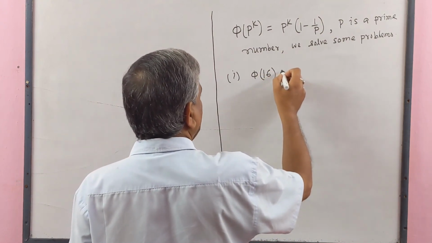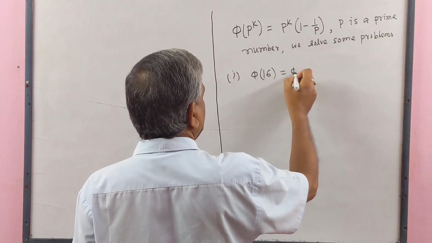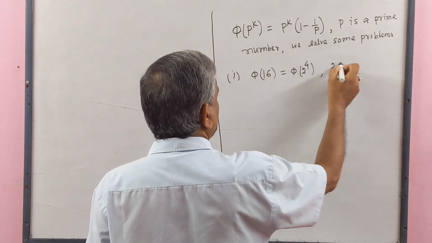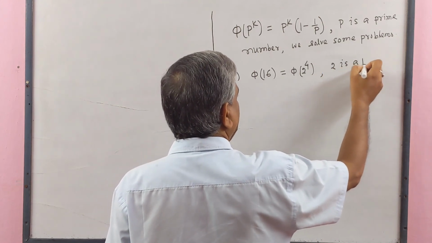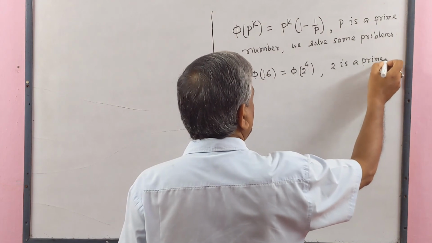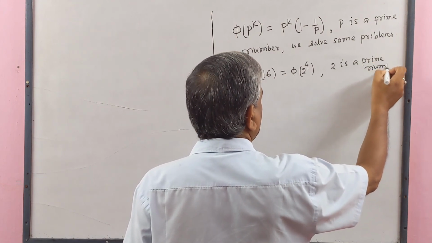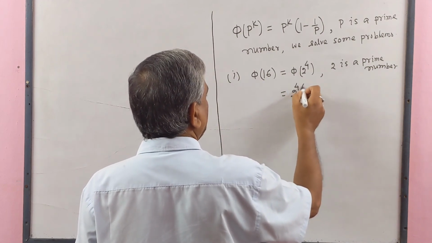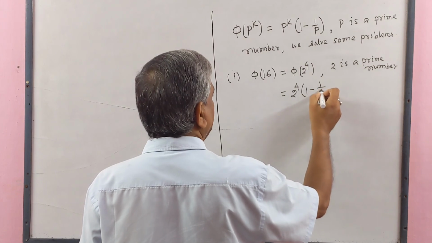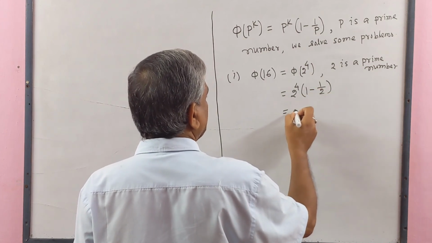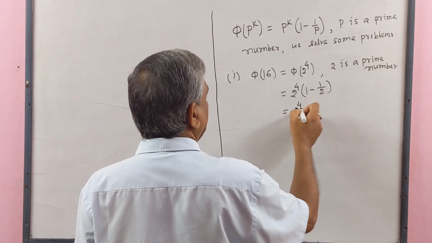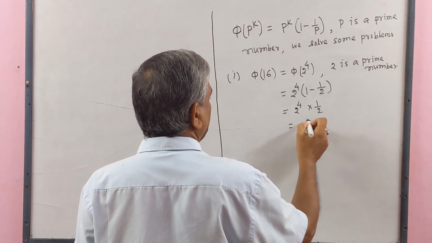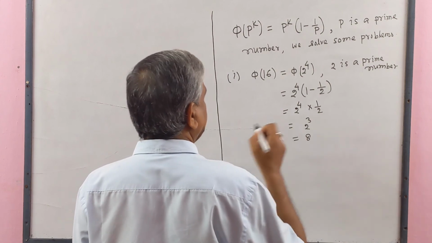We may write this as phi(2^4), 2 is a prime number. This equals 2^4 times (1 minus 1 by 2), which equals 2^4 multiply half, equal to 2 cube, equal to 8.